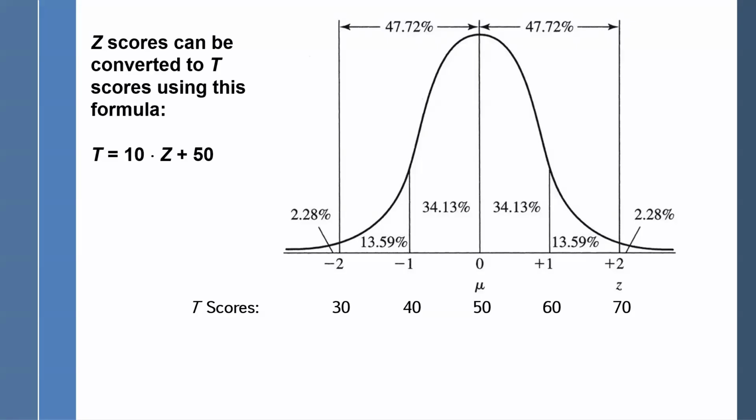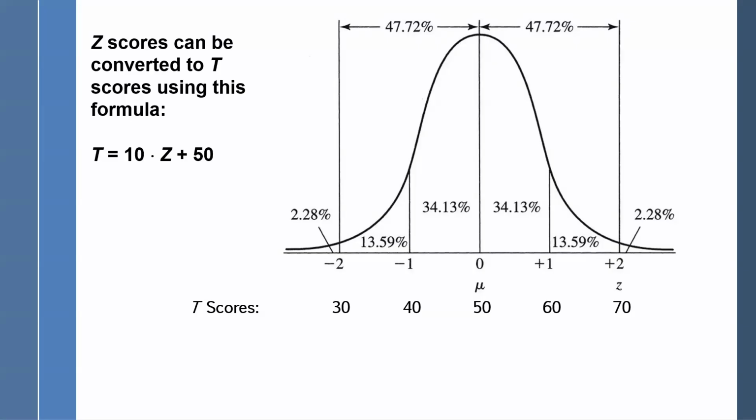So you'll often see standardized assessments like the BASC, the Behavioral Assessment System for Children, express the values of the assessment in the form of t-scores. And all those t-scores do is take the z-score and turn it into a different scale.